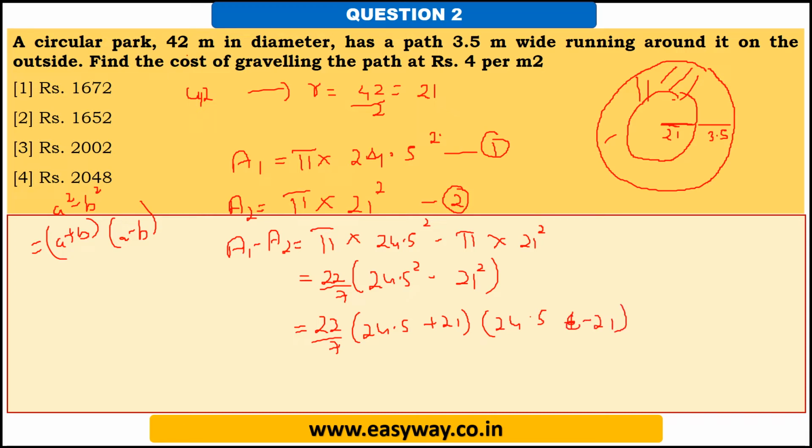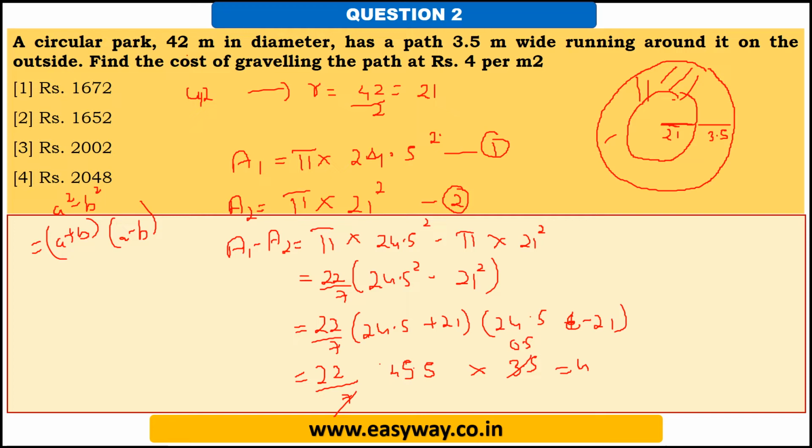Okay, so 22 by 7. What is 24.5 plus 21? This will be 45.5. And 24.5 minus 21 will be 3.5. So 3.5 by 7 will be 0.5. So 0.5 into 22 will be 11.